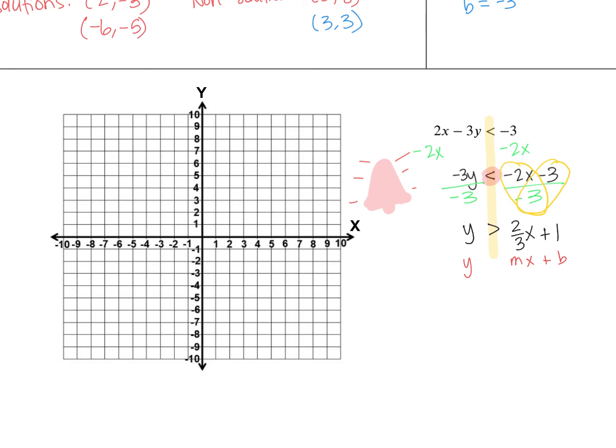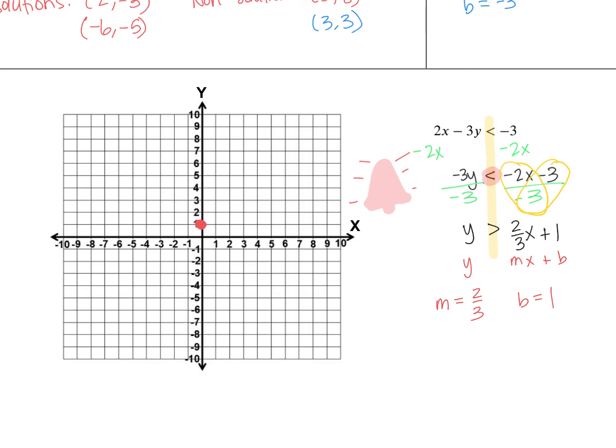So now that we have this, we're going to actually put it on the graph. So m is equal to this 2/3. b is equal to 1. So let's plot the y-intercept first, the beginning point. Since b is 1, I'm going to put on the y-axis where y is 1.